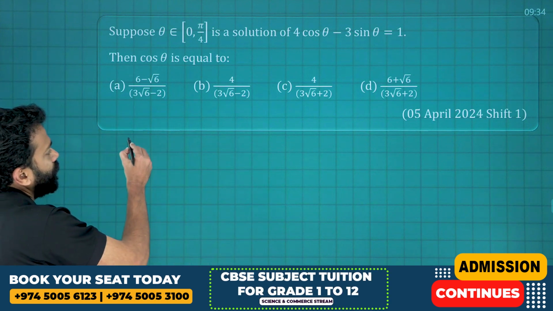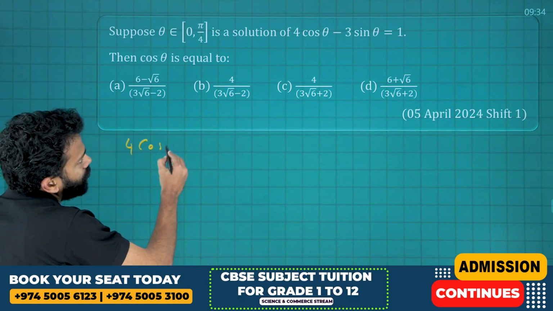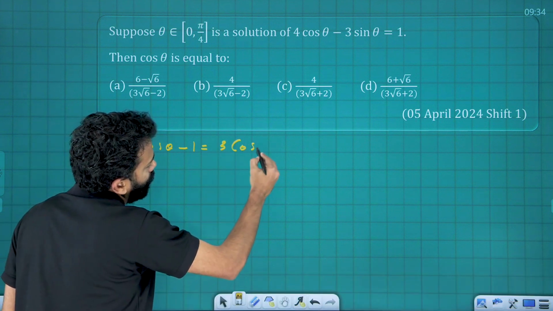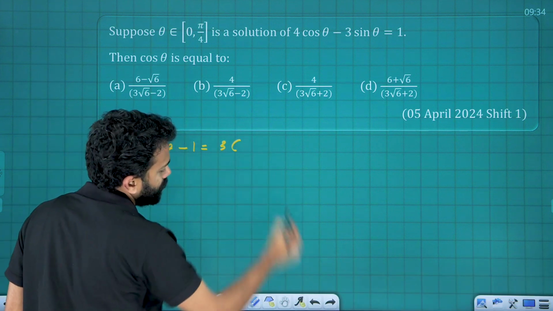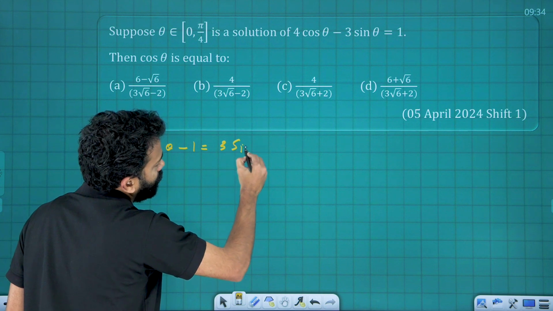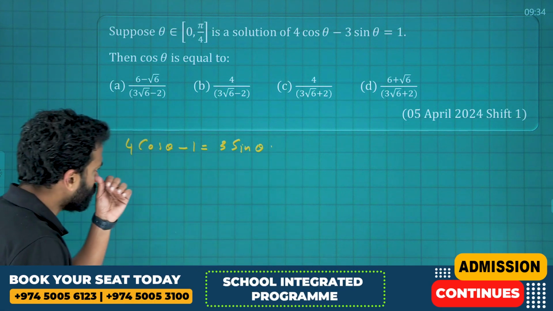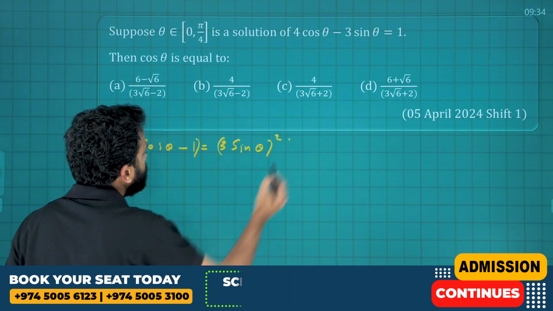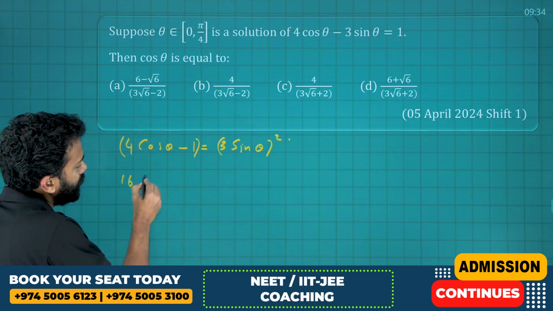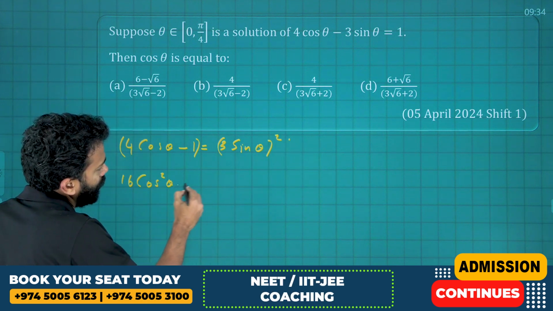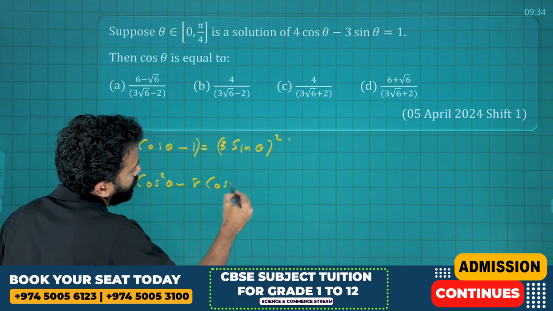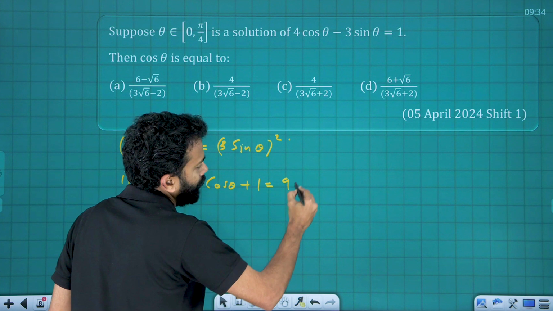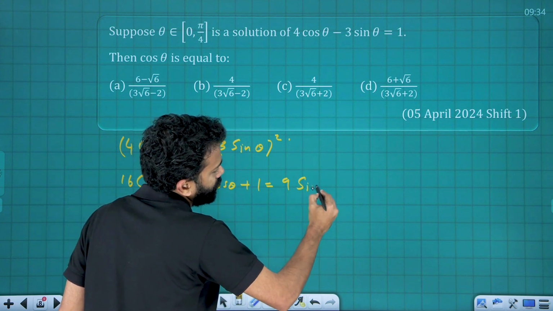So it will be 4 cos theta minus 1, which is equal to 3 sin theta. Square both sides and you will get 16 cos square theta minus 8 cos theta plus 1 is equal to 3 square, which is 9, into sin square theta.